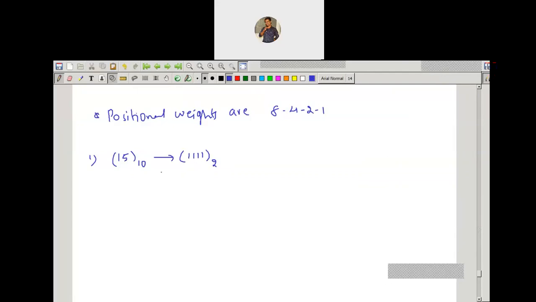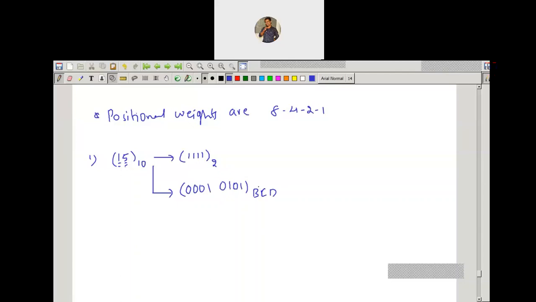But we can represent this 15 in BCD code by representing each decimal digit with a 4-bit binary number. 1 is 0001, and 5 is 0101. So this is the BCD code for the given decimal number. In this way, you have to find the BCD code from the given decimal number.